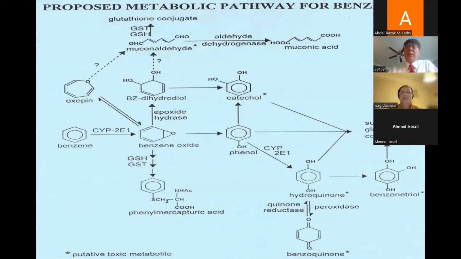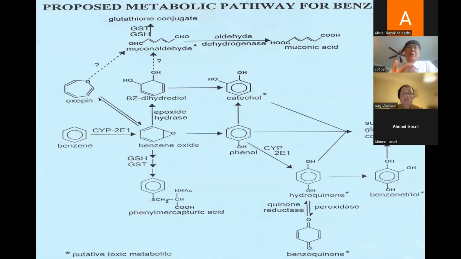From many studies, we recognize these are the metabolites that are reactive to DNA and can be cancer-causing agents inside the body. However, in the body, the reactive benzene oxide can be detoxified by GST into a non-toxic metabolite.